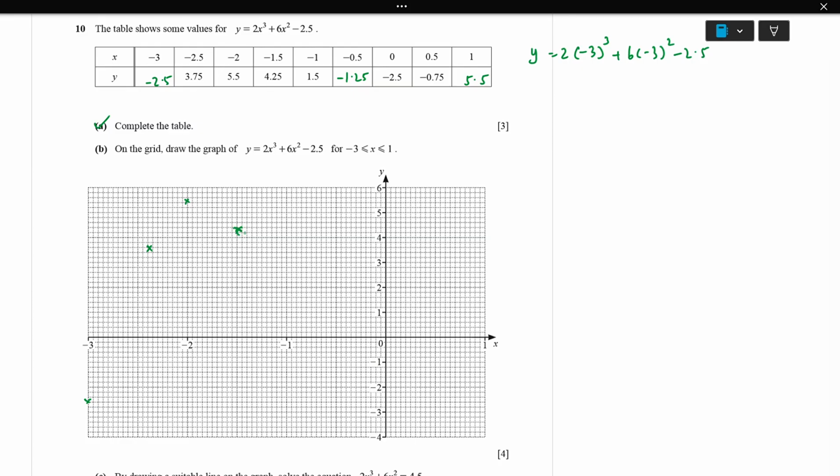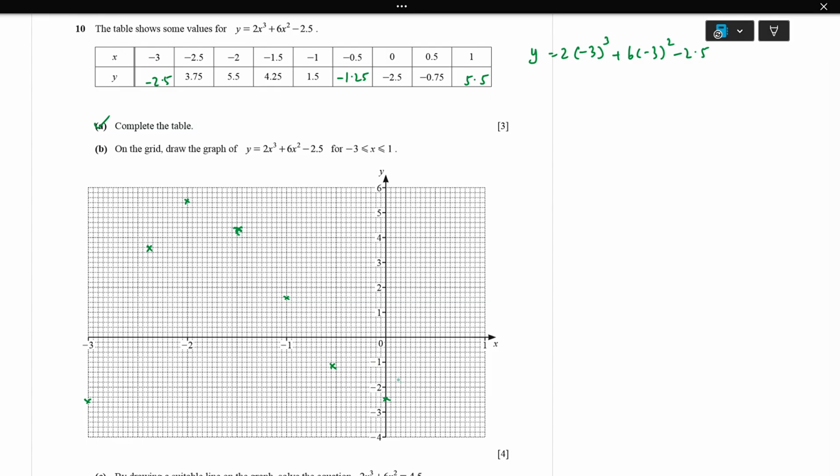The next is -1 and 1.5, it is here. Next is -0.5 and -1.25, it is here. Next is 0 and -2.5, it's here.